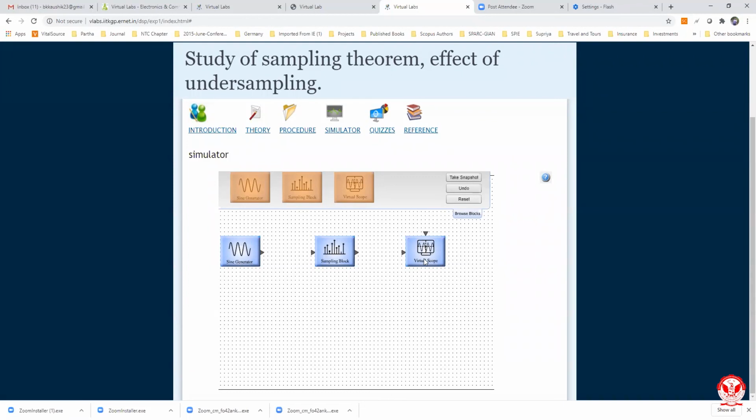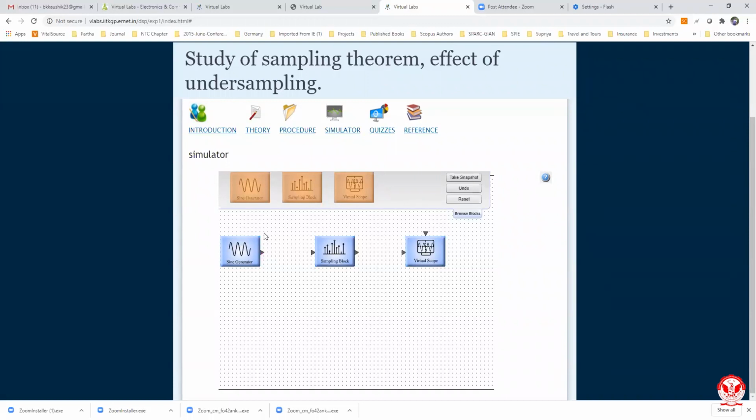The virtual scope will take 2 inputs. The first input it takes from the signal generator, and the second input it takes from the sampling block. So now we have to connect all these 3 blocks. At first we will connect the sine generator and the sampling block. We just place the cursor here, and we find the area becomes red. Now we proceed further.